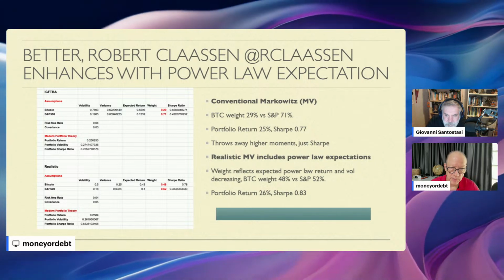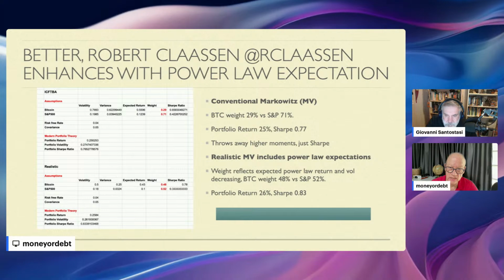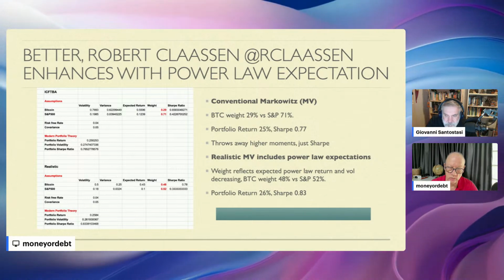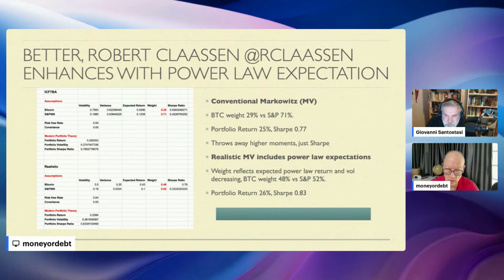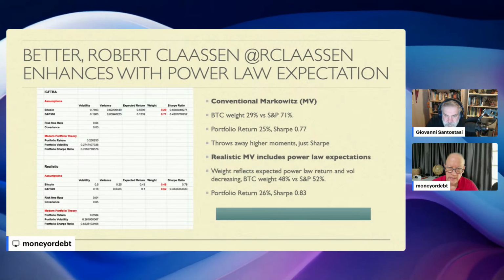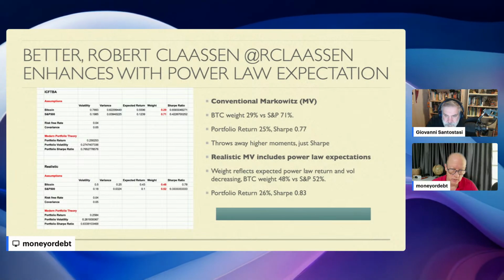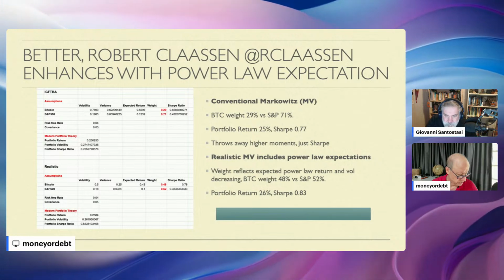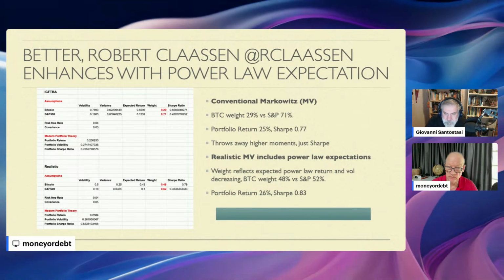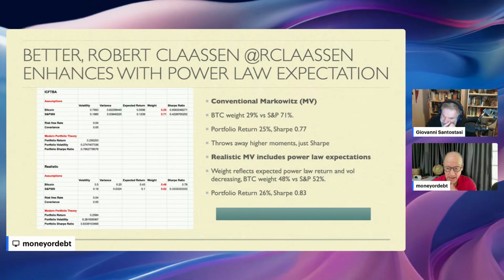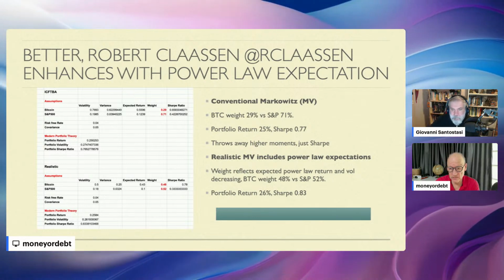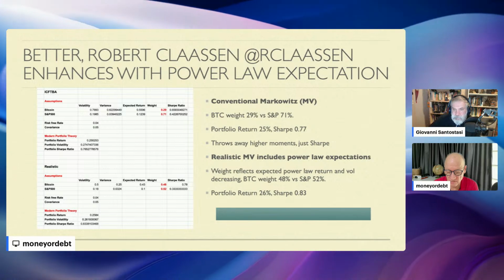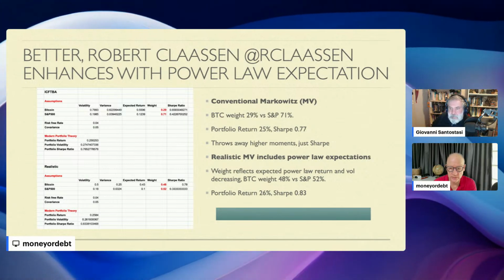Now he's familiar with the power law, so he changed the volatility and the variance to reflect current power law expectations. He plugged in an expected return of 0.43% per year, which is what you get roughly with the power law. And he put in a volatility which is lower than the full history because volatility has been coming down.